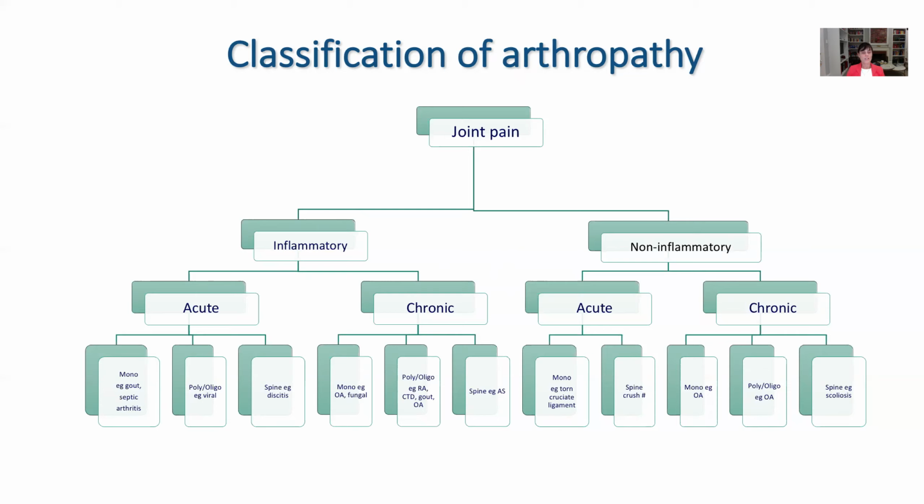And then within each of these groups, based on the number of joints involved and whether there is axial, namely spinal involvement, it is possible to come up with a short list of possible explanations for the presentation.